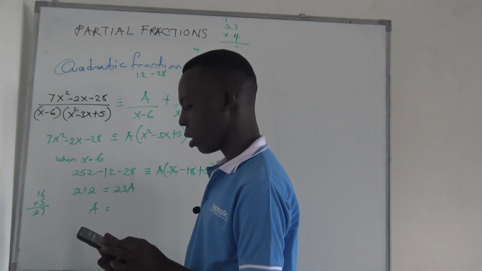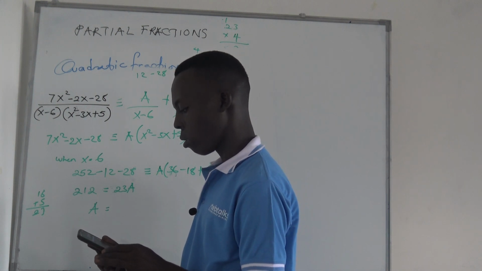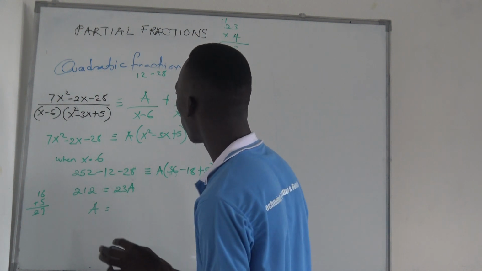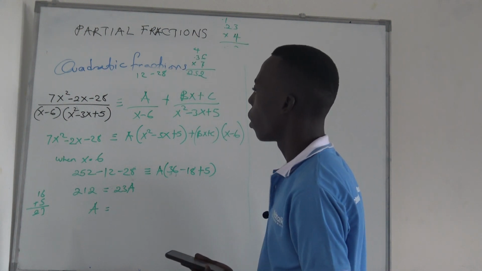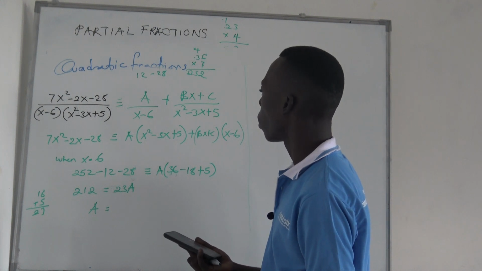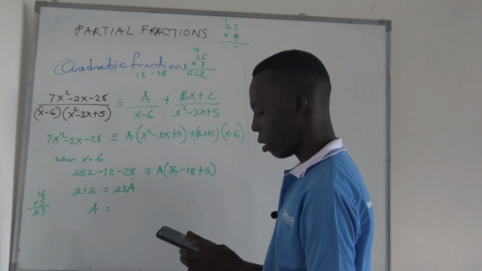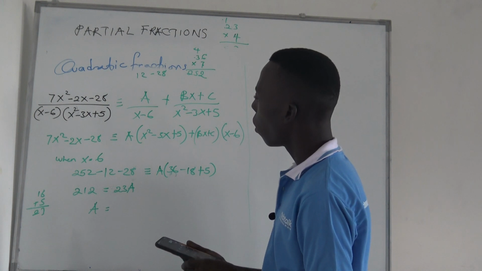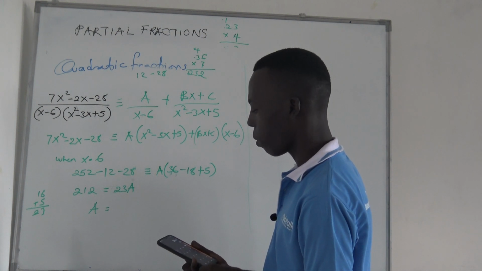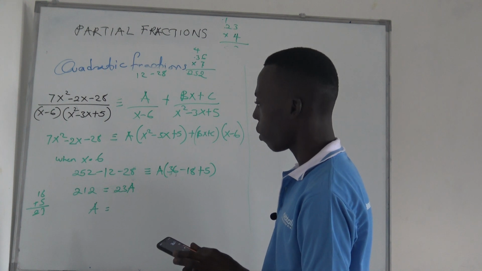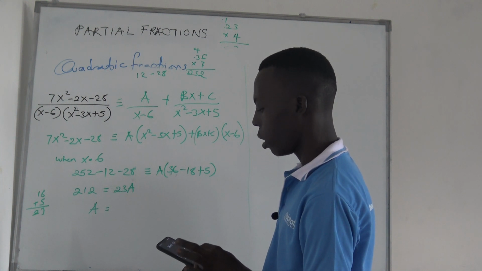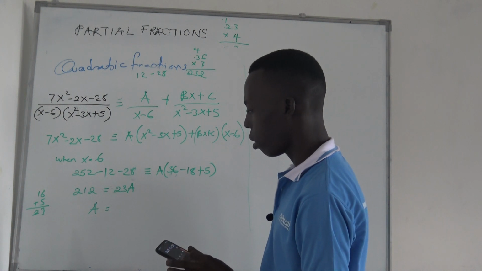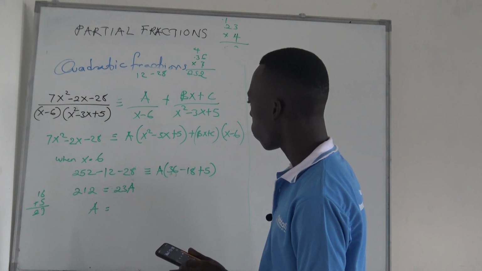Let me see. This one is 6, so 36 times 7 is 252, minus 12 minus 28, gives 212.